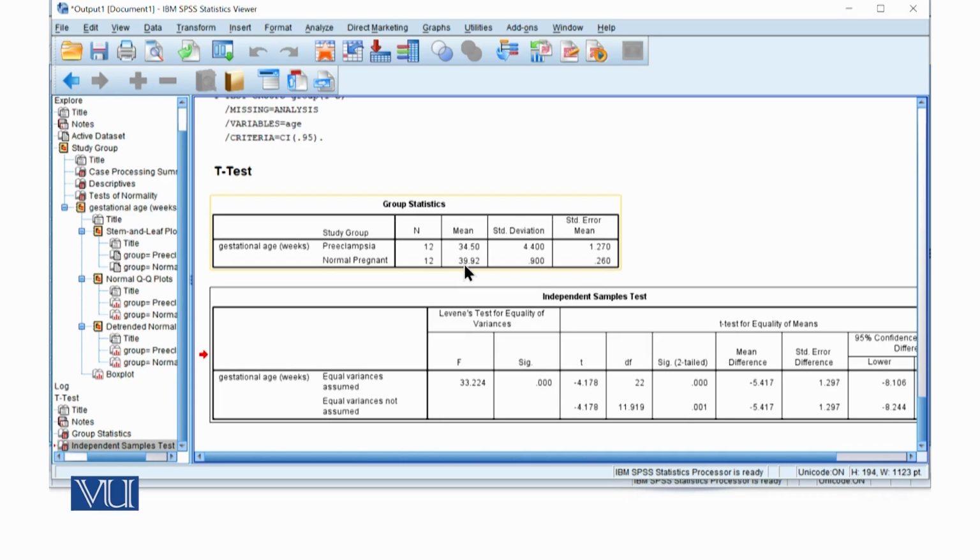Hence, we can conclude that the average gestational age in weeks for pre-eclampsia women is significantly lesser than the average gestational age in weeks for the normal pregnant women.